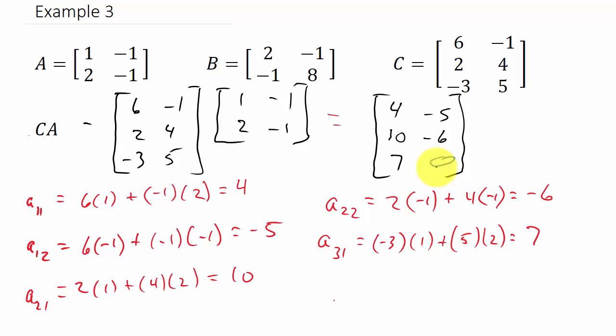Alright, and then I need third row, second column. So I multiply the third row times the second column. So that's going to be negative 3 times negative 1 plus 5 times negative 1.